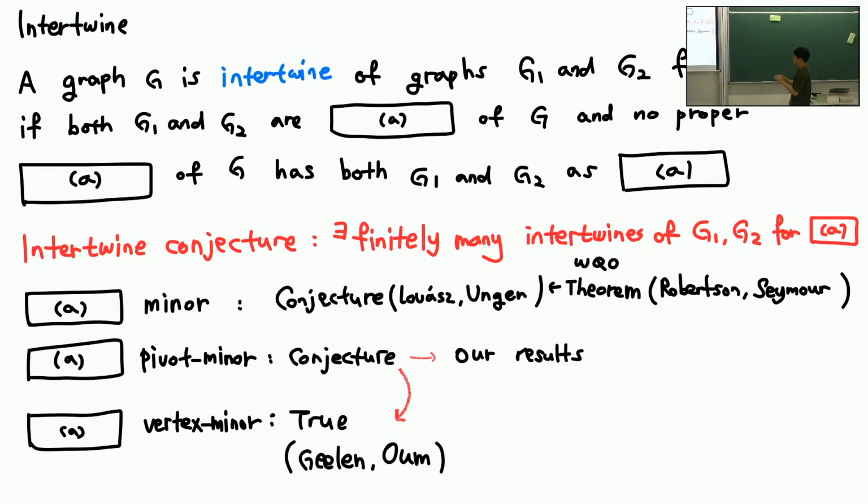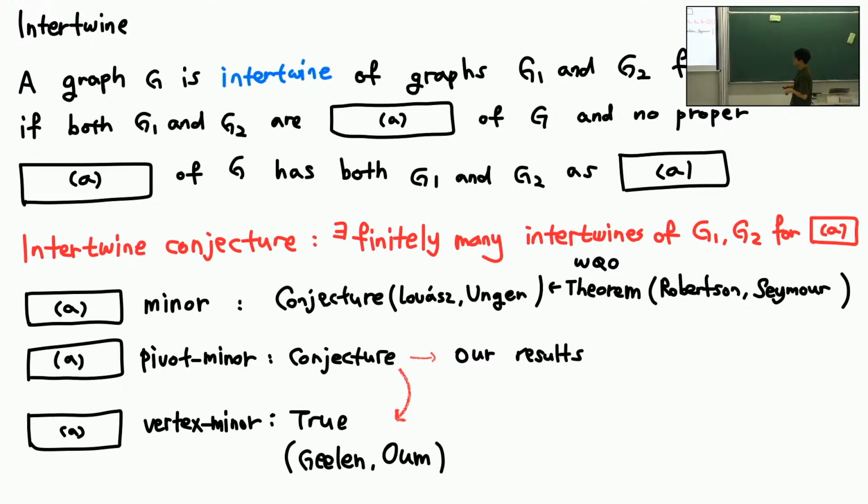An antichain means a sequence of graphs such that one cannot be a minor of another. Actually the intertwine is minor-minimal, therefore when we consider all intertwines, they form an antichain. So because of this theorem, there are finitely many intertwines.